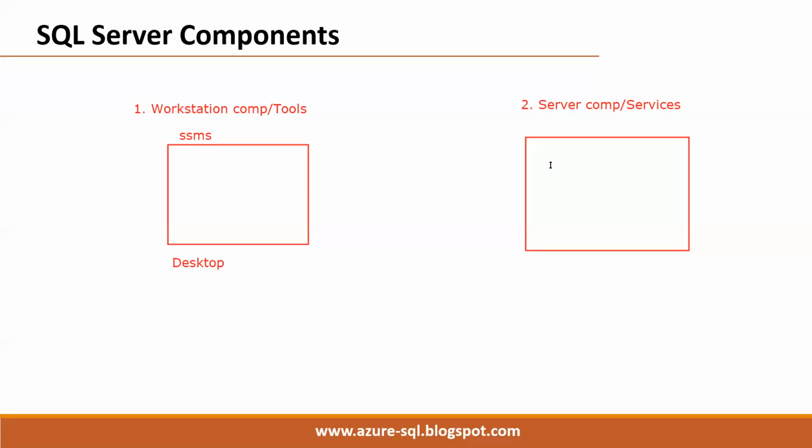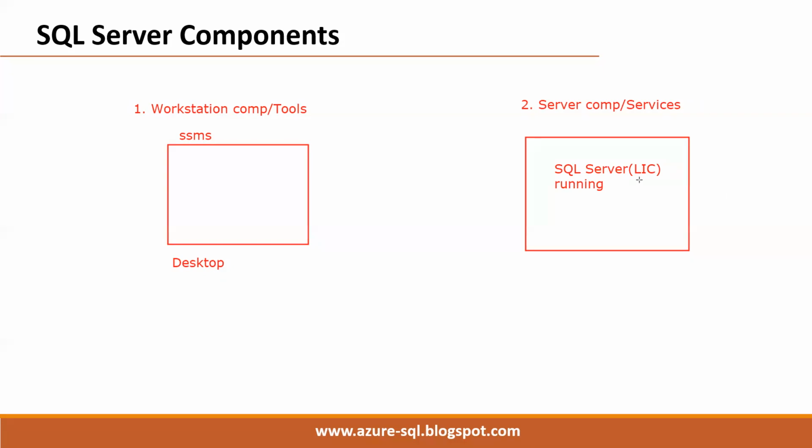Now, SQL Server is running or not: here we have one main service called the SQL Server Service. This SQL Server Service will always be in running mode. For example, our server name is LIC, so while connecting through SSMS, I will connect to this SQL Server instance.